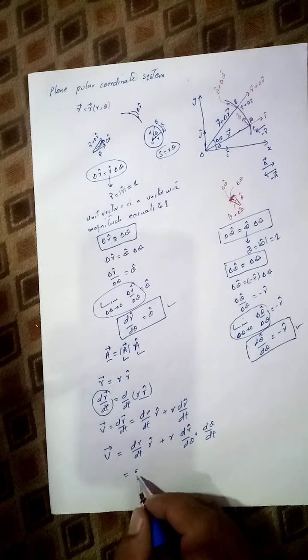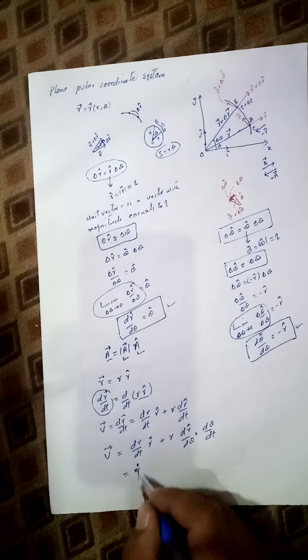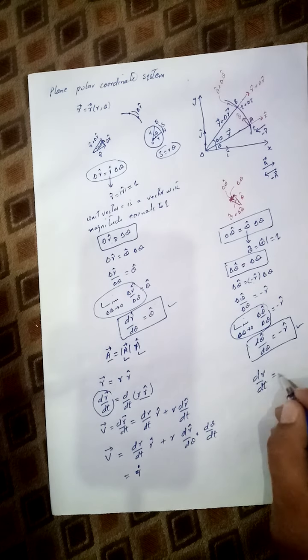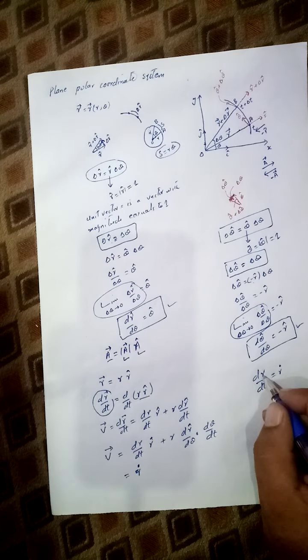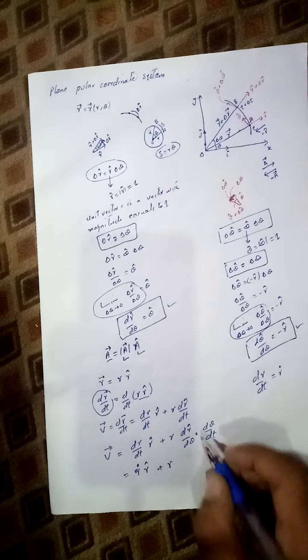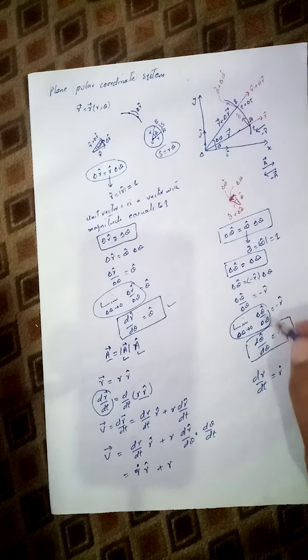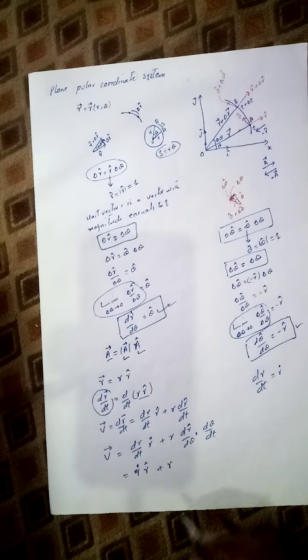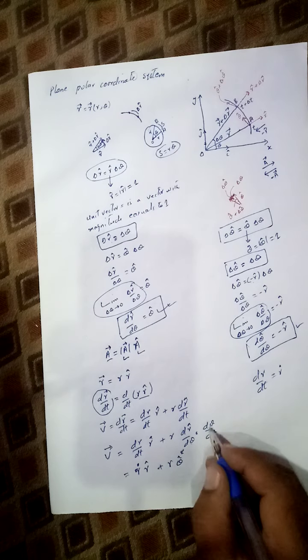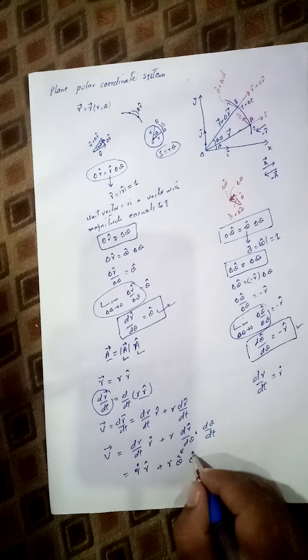Now as we know, dr over dt we represent as r dot, the first derivative of r with respect to time, times r cap plus r times dr cap over d theta, which we already defined here, which is equal to theta cap, and d theta over dt is theta dot.